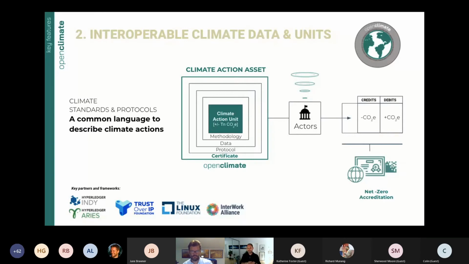When I said to be able to have some level of homogeneity of whether you're emitting a ton or reducing a negative ton, these things have to match up, whether it's a company doing it or a voluntary carbon registry. And so we have to have the common methodologies, data, protocols, and being able to certify this so that it goes into a level of net zero accounting where those credits and debits match up.